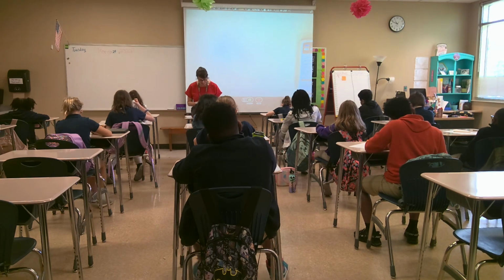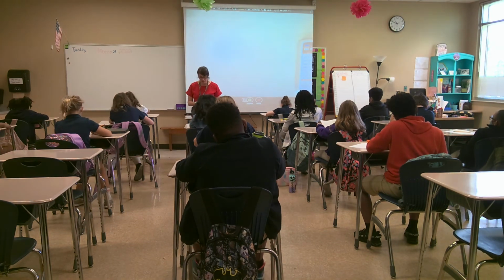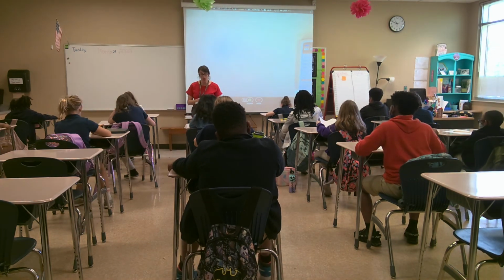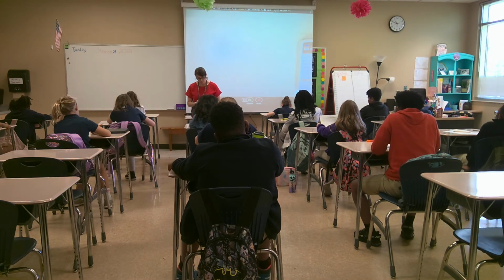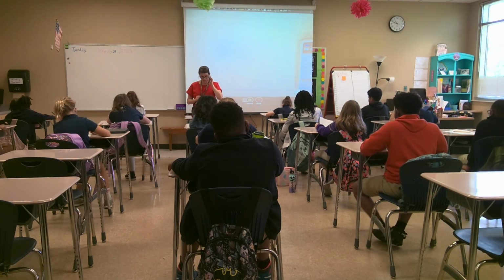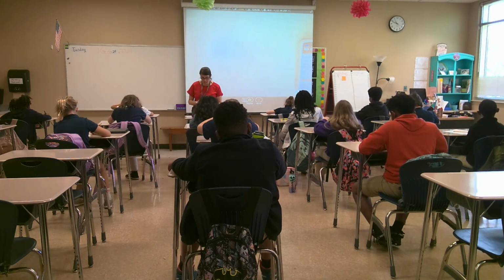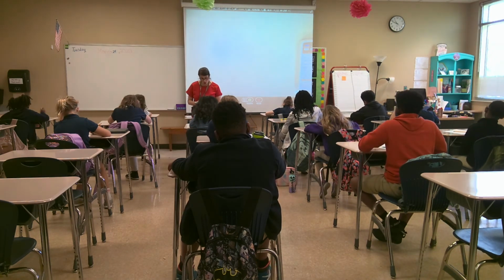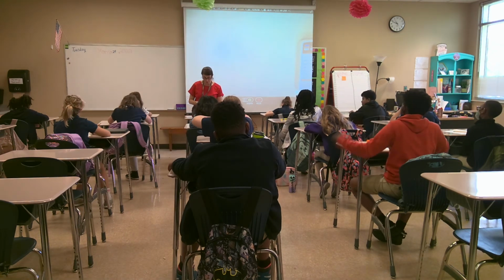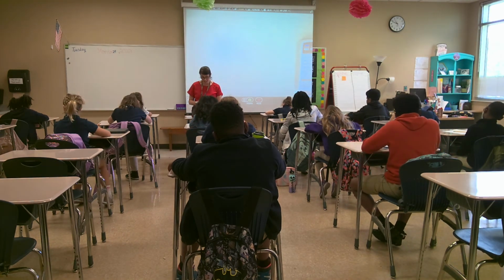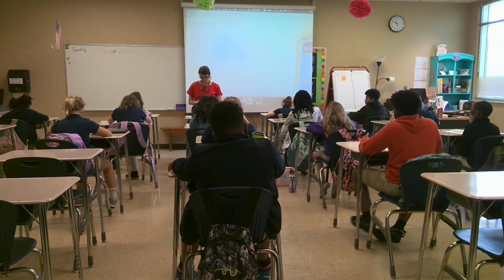Okay, part B. Which evidence from the article supports your answer? Okay, so look at your answer. Okay. A. These advances in science help meet the goal of growing more food. See if that connects to your answer.